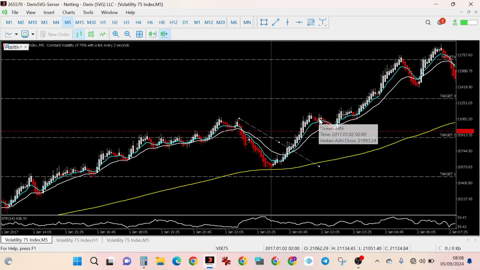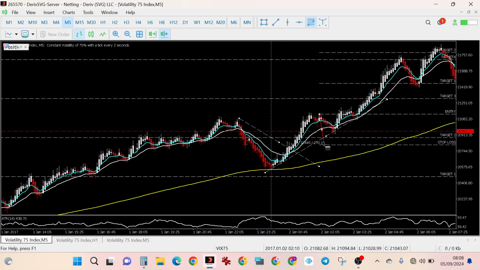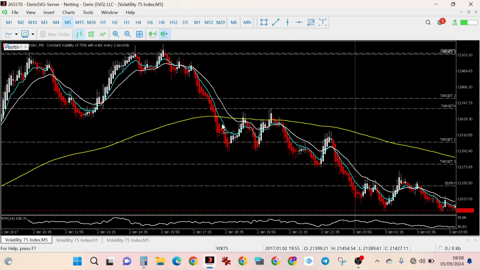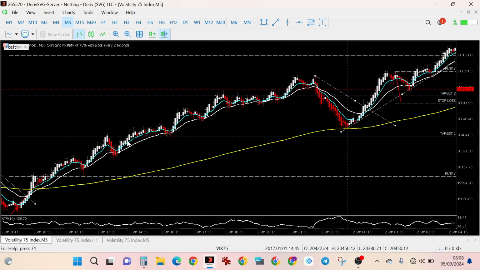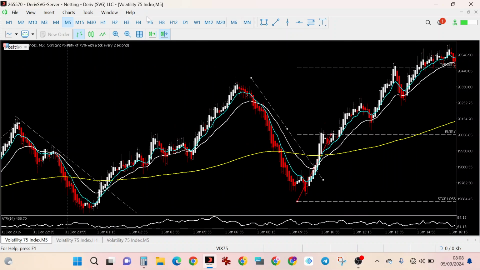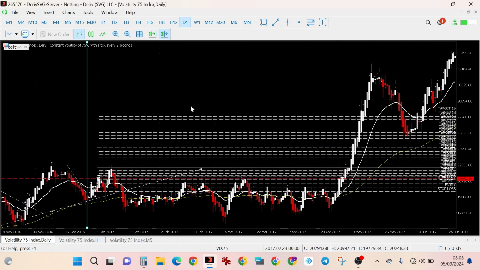You can take this one as well, but the stop loss will be probably too far away, so you might need to use a trend line stop loss for this one. So you have an entry with a stop loss below the trend line, and then you target up there. Okay, so this is how you are able to catch very big moves in the market.